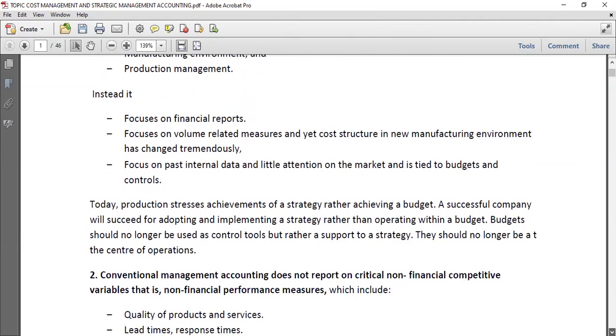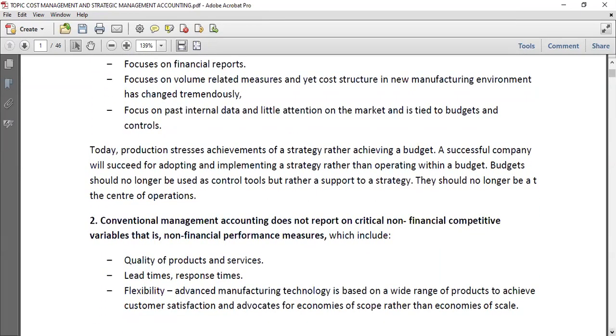Now, one of the other things we also need to know with the conventional management accounting, basically what has been done previously, is that we have been focusing on the financial aspect. Okay, we consider only the financial aspect, so we don't bring in the perspective of the critical non-financial competitive variables.